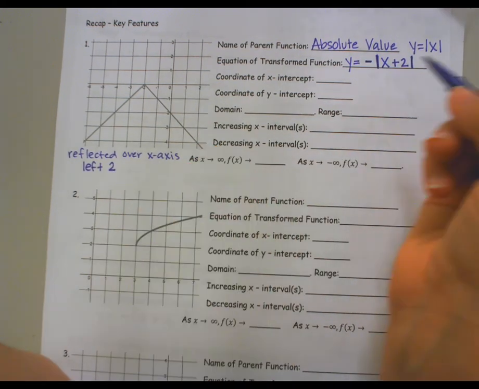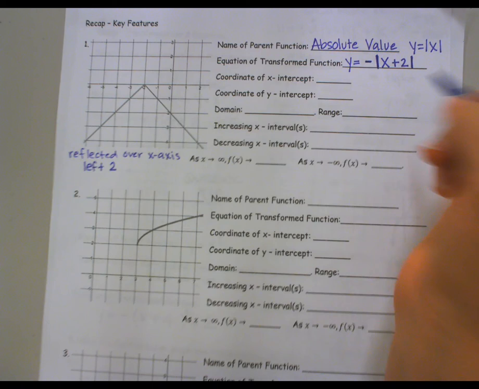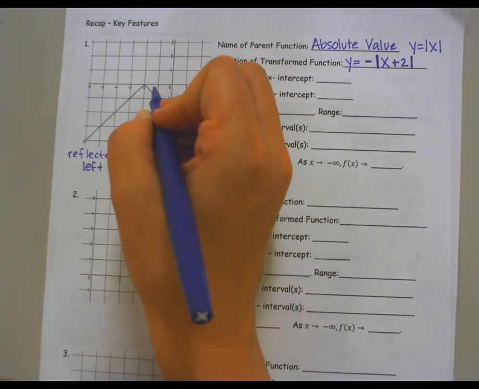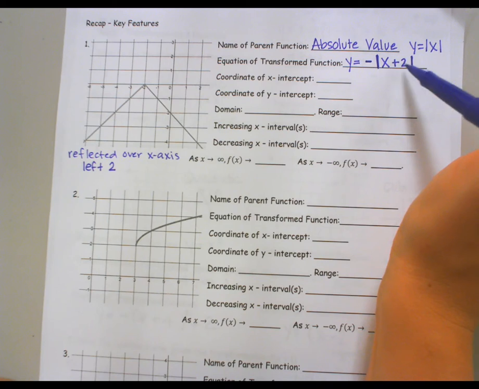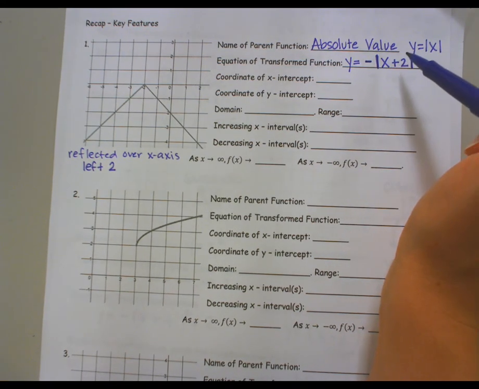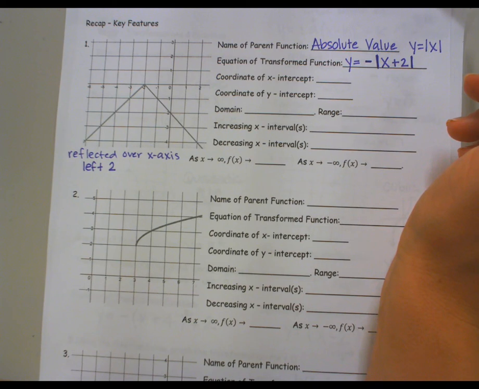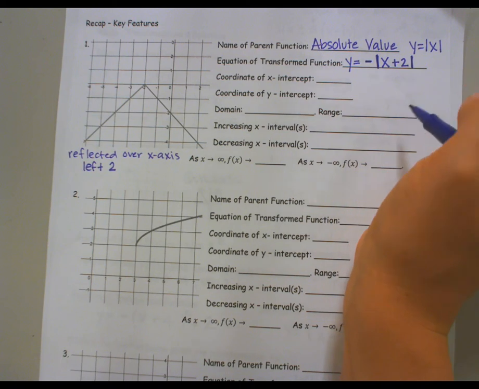And remember, anytime you move right or left, the original equation has a minus sign, so when I move to -2, minus a negative would give me a positive 2. Or you can just remember that when you're inside with the x value, either inside the parentheses, inside the absolute value, or inside the square root, your sign is always the opposite of where you went. So I went to -2, so I have to put a positive 2 on the inside.